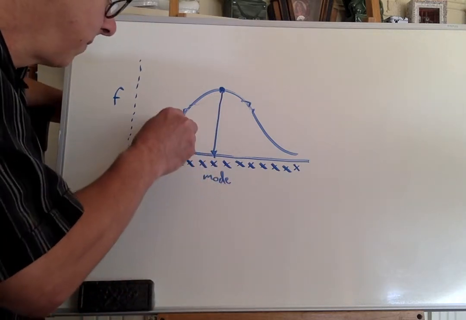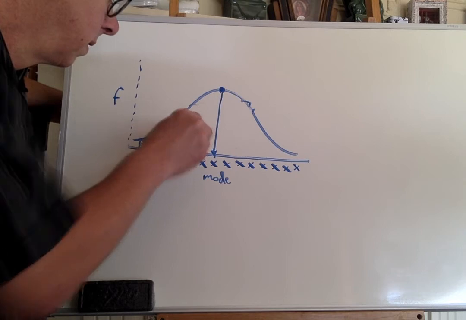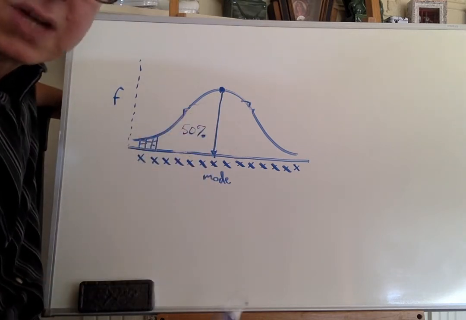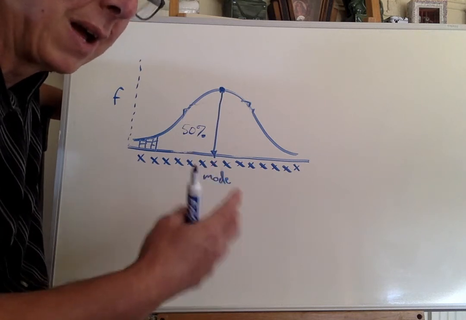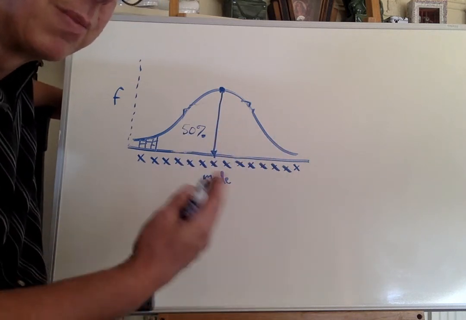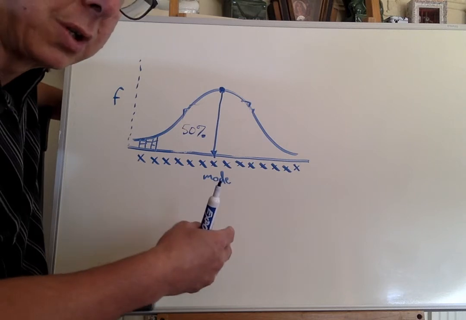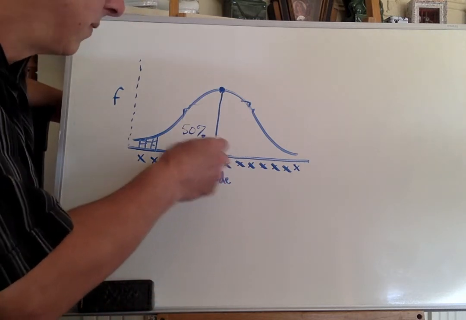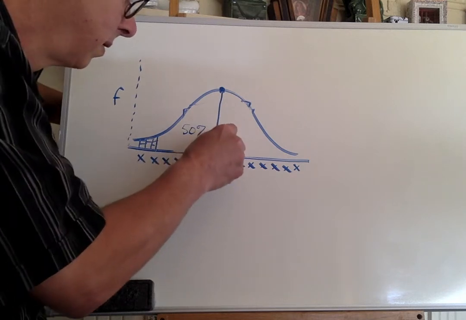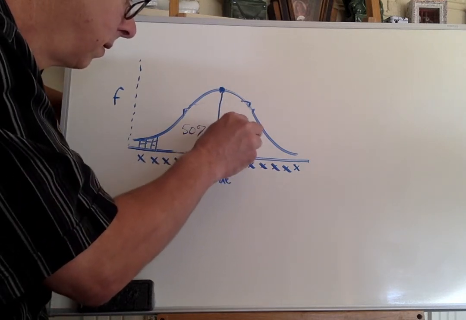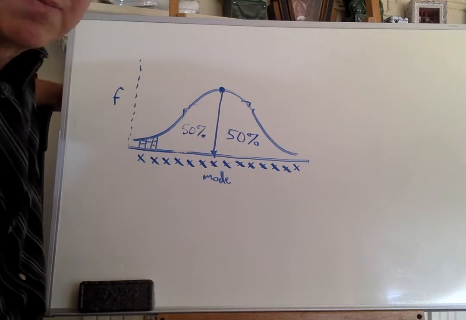Well, that means that 50% of the boxes, I'm not talking about a score, I'm talking about the number of boxes, the proportion, the percentage. If this is symmetrical, then 50% must be here, and 50% must be here.